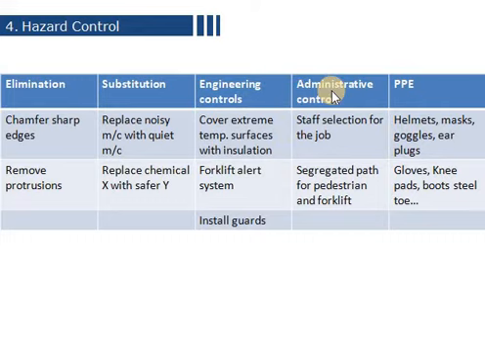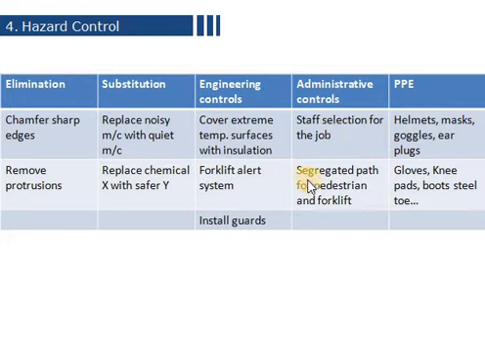Regarding administrative controls, we can select more aware staff for the job, or select those with experience or who are highly trained. So the selection of the employees, this process itself can help control the hazards.